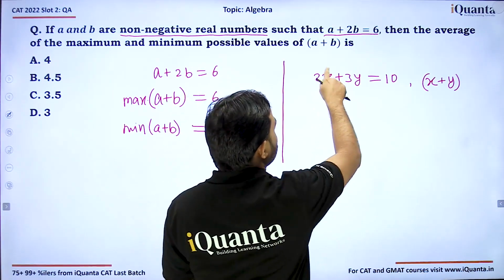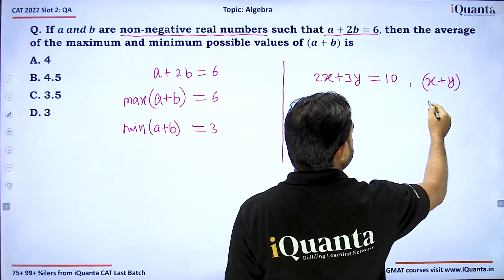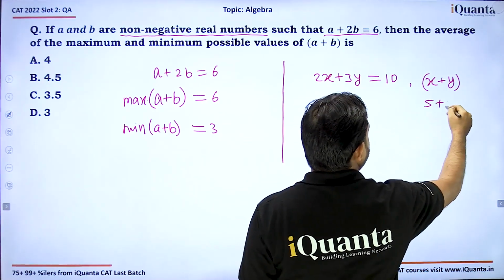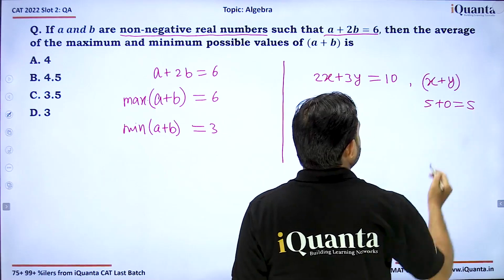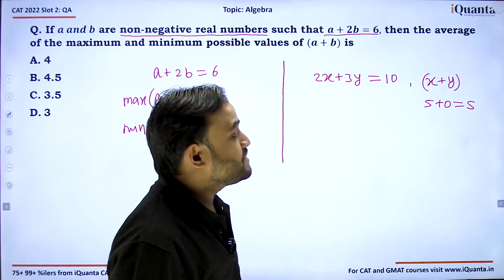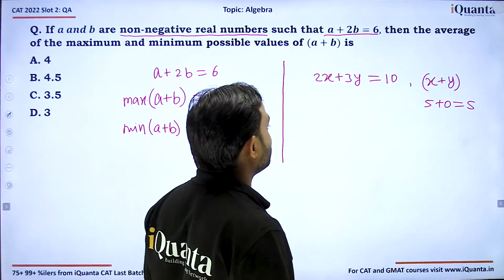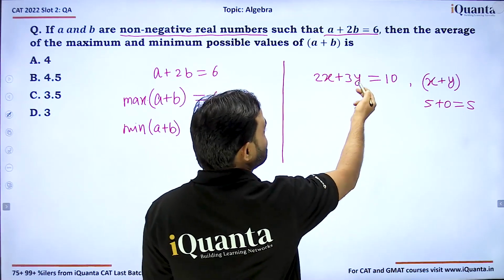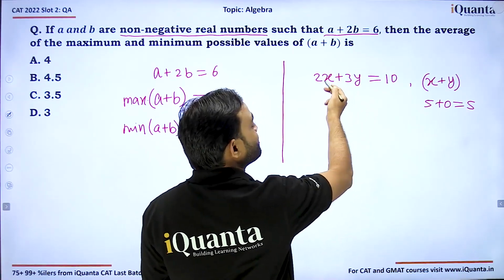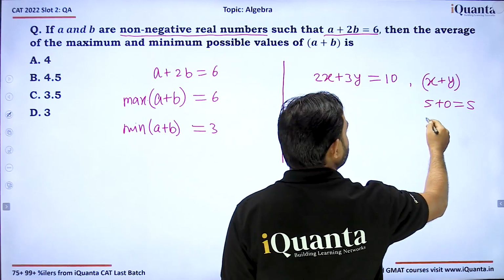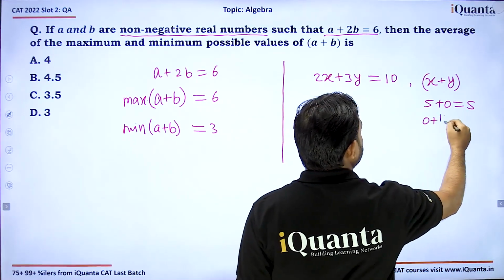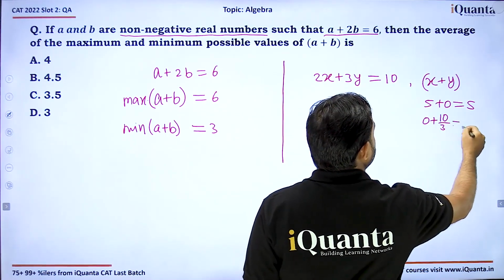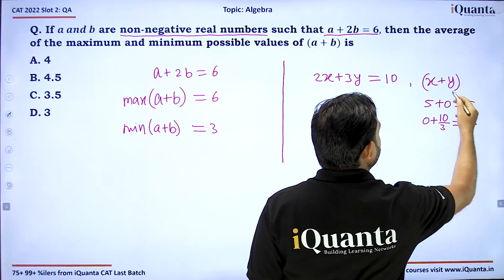So in that case, we will take the maximum value of x possible, which is 5, and y is 0. So this will give us 5. But if you want to minimize the value of x plus y, take the maximum value of y and minimum value of x. So minimum value of x we can take 0, maximum value of y will be 10 by 3. So this gives us the minimum value of x plus y.